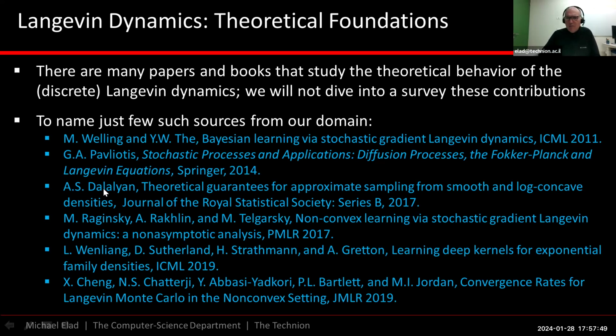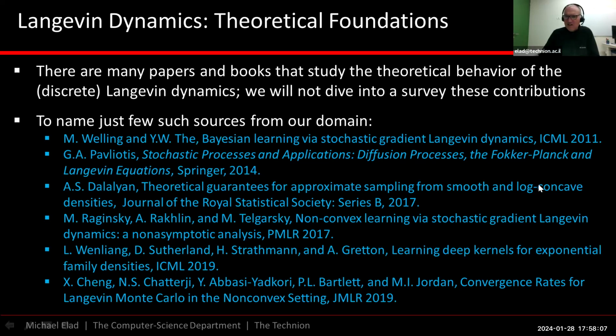Let's zoom in on this paper by Dalalyan, Theoretical guarantees for approximate sampling from smooth and log-concave densities. Already in the title, you see that he makes an assumption. He says, let me assume that the energy function rho is convex.